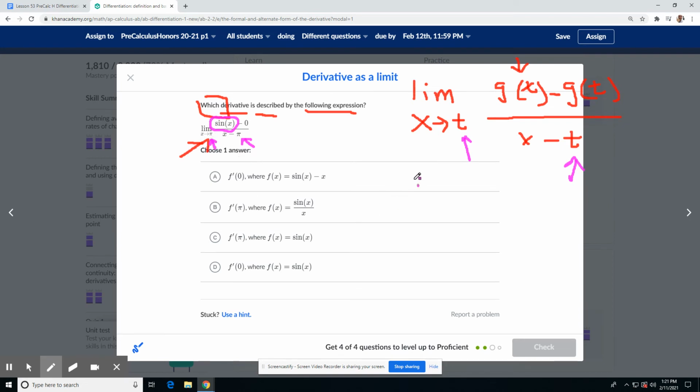So this is telling us that our f prime of pi, where our function f of x is just our sine of x. All right. So let's just go ahead and kind of match that. And f prime of pi, yep, there it is right there.